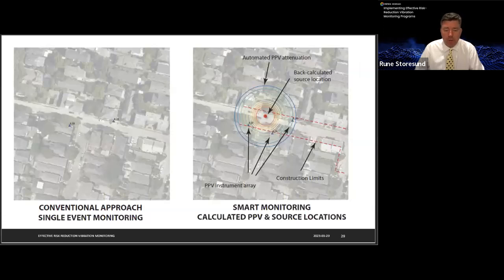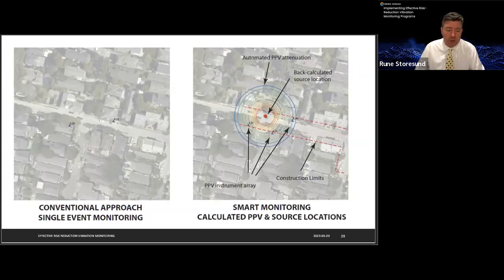Now, the future vision of this construction-induced ground vibration monitoring technology is envisioned to shift from the current state of the practice, which is discrete readings at specific monitor locations where a maximum recorded PPV value is presented.